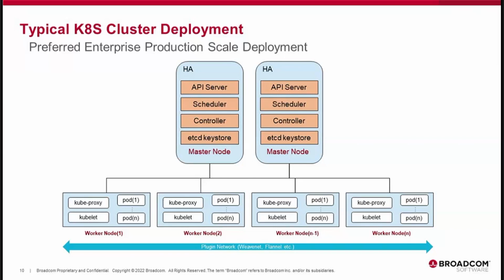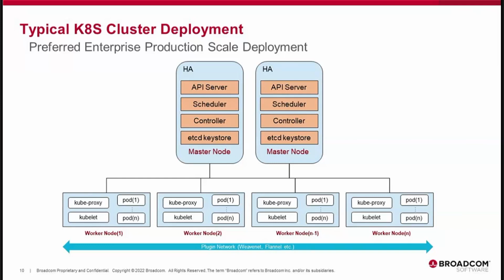The first one is the API server, which is the key component within the master node for providing the command line interface, the APIs, and client access, browser access itself, right?